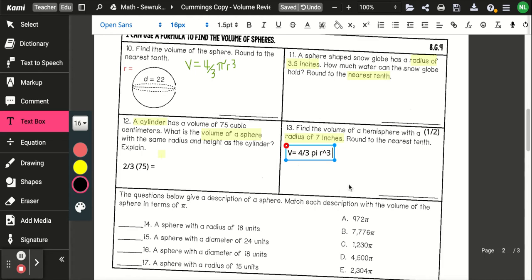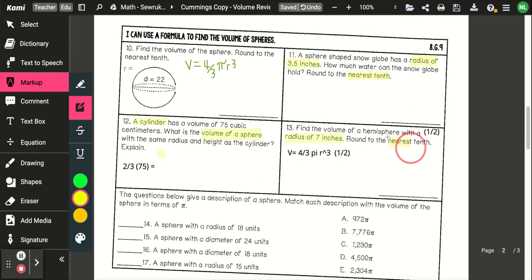But one thing we're going to have to do at the very end is multiply this all by 1/2 because we're only doing half of a sphere, a hemisphere. So go ahead, plug in the radius, so you're doing 4/3 times 3.14 times the radius of 7 cubed, and then you're going to times that answer by 1/2, and you have to round to the nearest tenth.